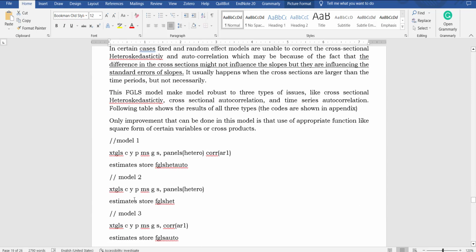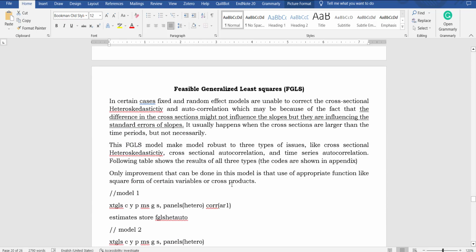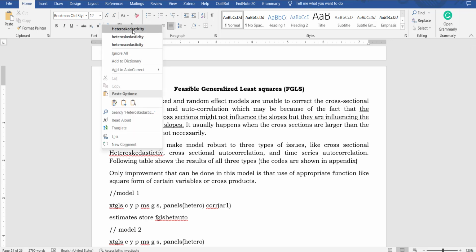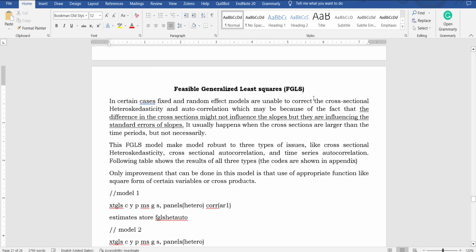Then there is another model called feasible generalized least squares. You can also find its video on my YouTube channel. This model is used when you are not able to solve the cross-sectional heteroscedasticity and autocorrelation.